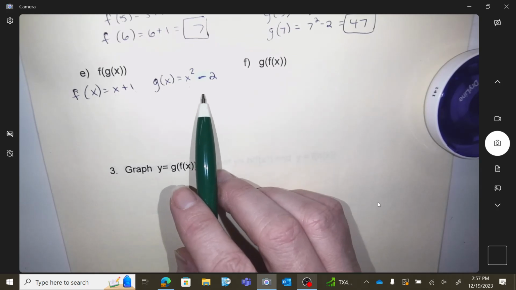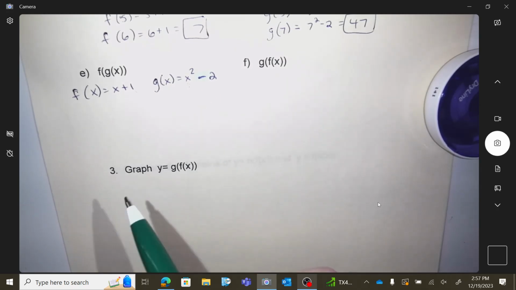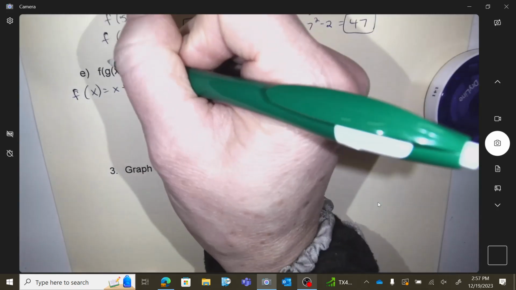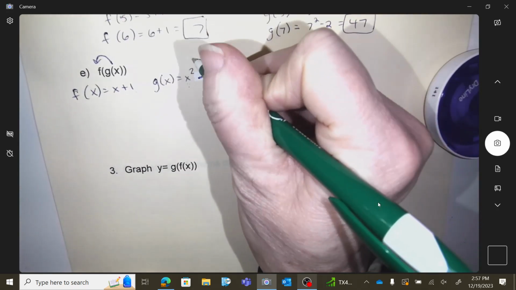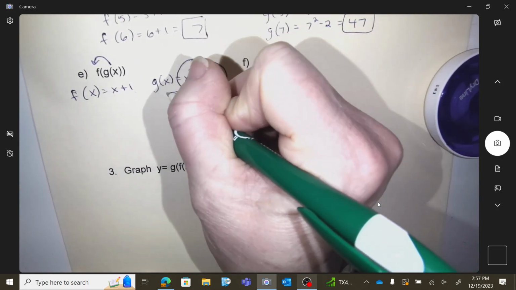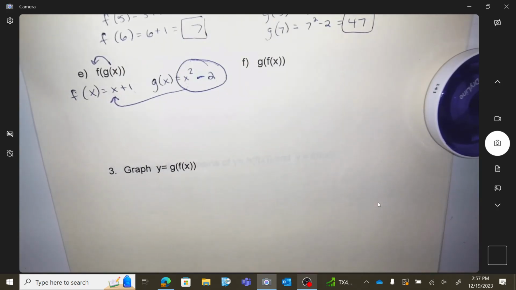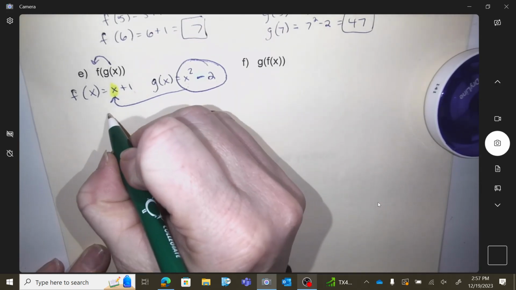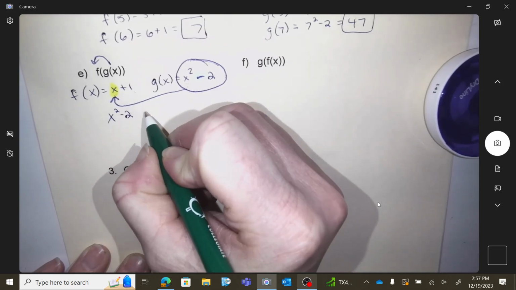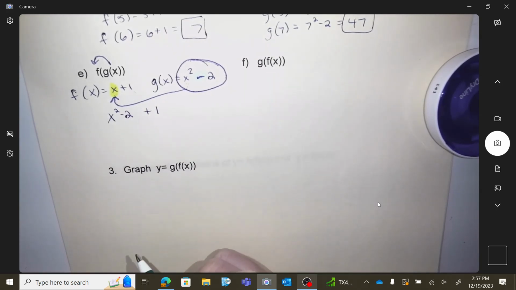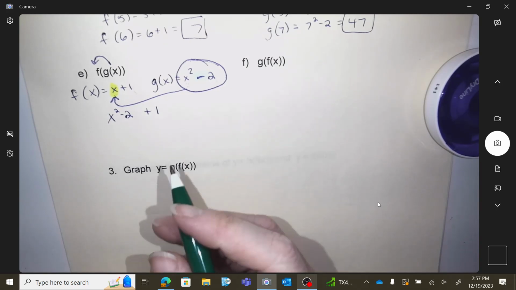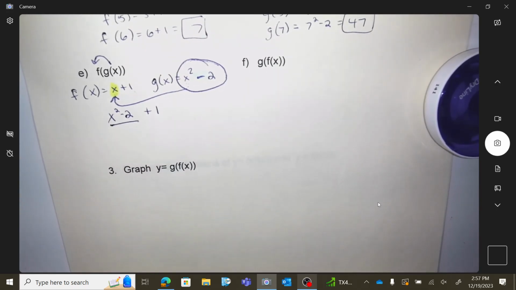It just happens that your input was x. But this is different. So we're going to put the g into the f. So we're going to take the g and put it into the input spot. Input plus 1. That's what I'm reading. Input plus 1.